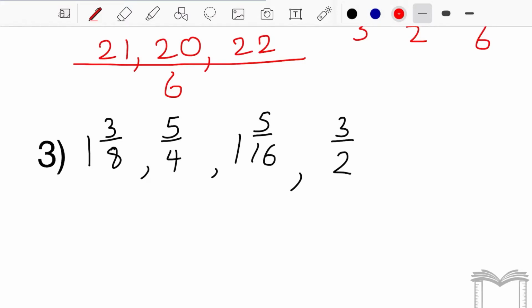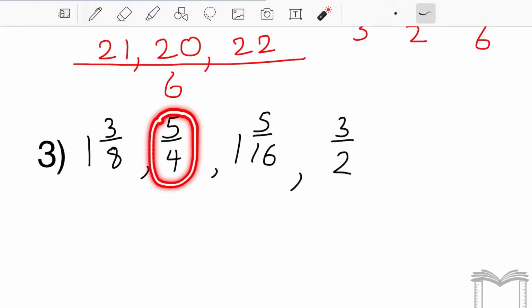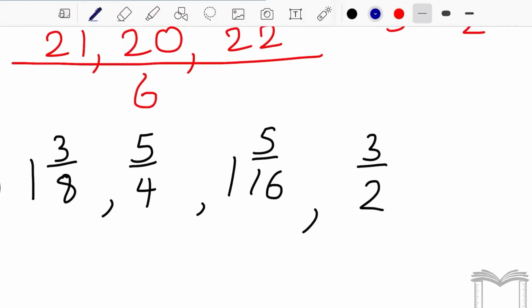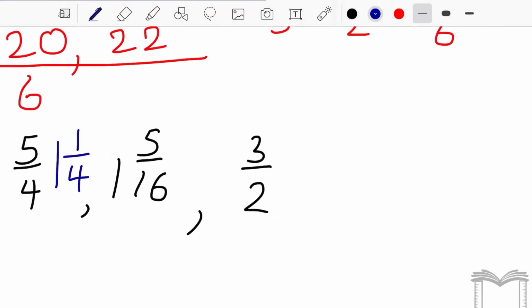So we're going to make the 5 over 4 into a mixed number. 4 into 5 is 1, remainder 1, and we put that over the same denominator. 3 over 2, 3 divided by 2 is 1, remainder 1, put back the same denominator.